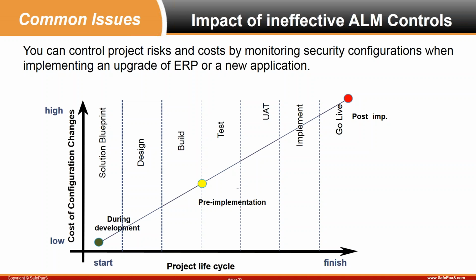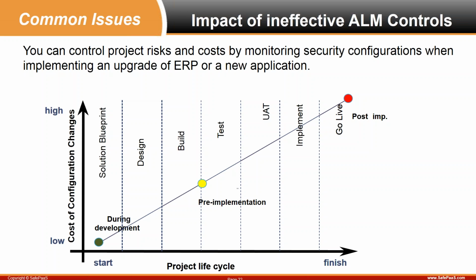So basically, you can do it anytime, really. You can implement it after you go live, but the cost and the benefits are really the greatest when you do it during the early stages of solution blueprint, right? When you're just starting to think about a new initiative, an upgrade, a new year, for example, a new audit cycle.